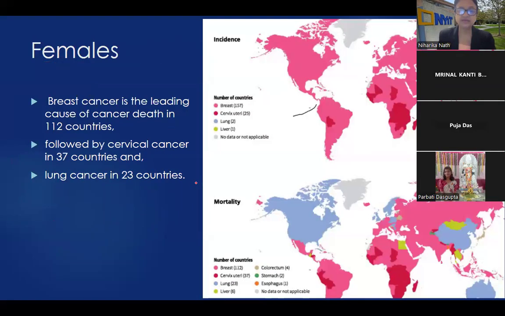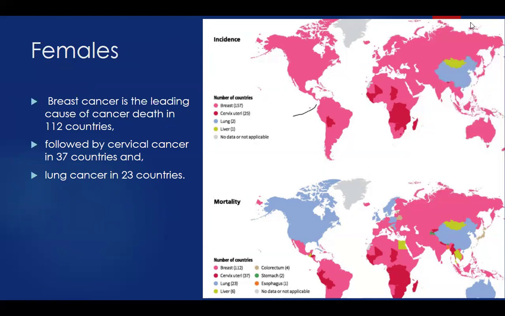So let's look at that. In females, I put this whole graph up for you. Let me make this small so you can see. In females, breast cancer is present in the incidence.